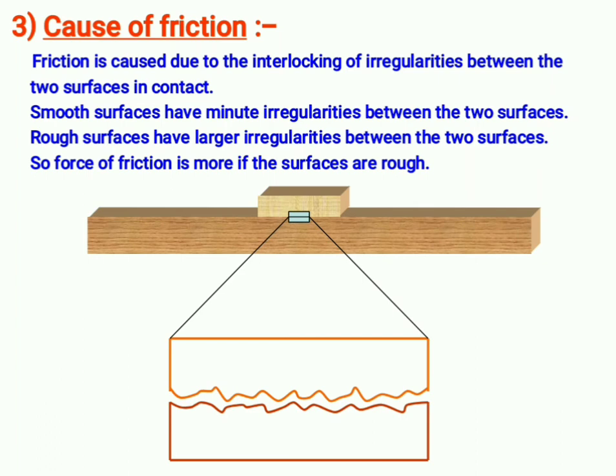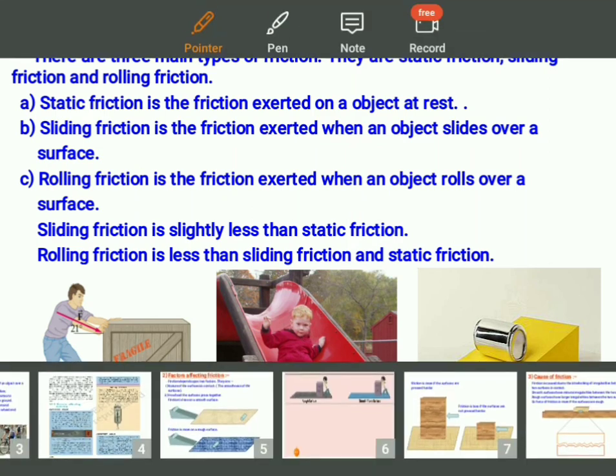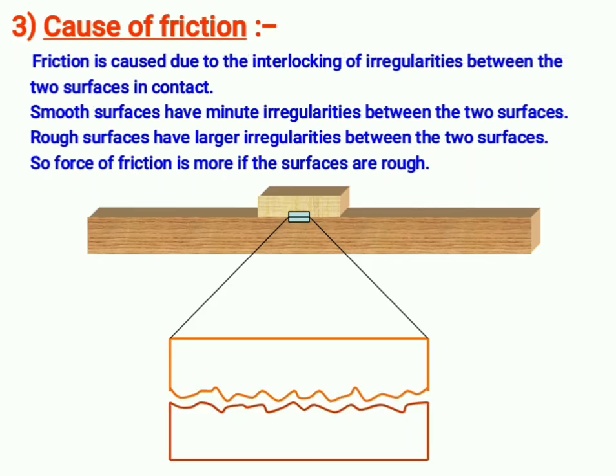It will have irregularities, but very few. In that case, you can easily push your sofas and all because the surface is smooth. So I hope you have understood this, about the irregularities. So how is friction caused? Because of the irregularities.